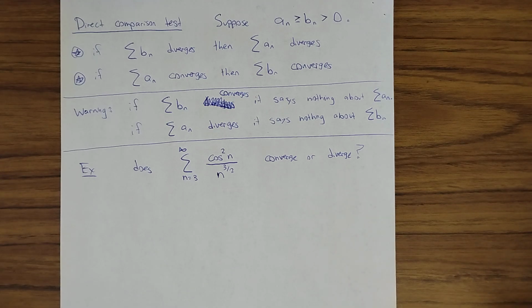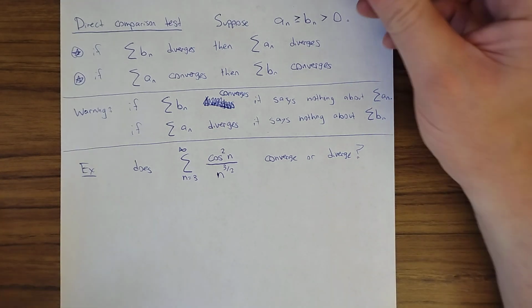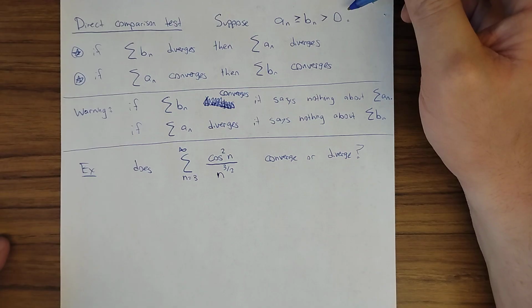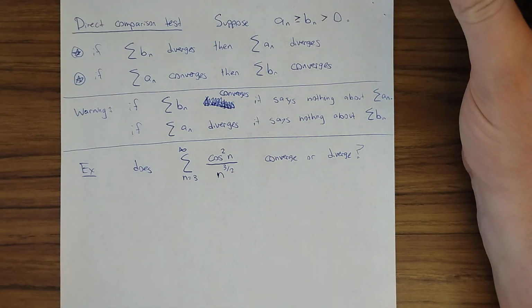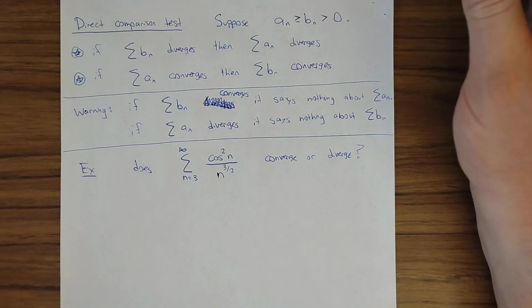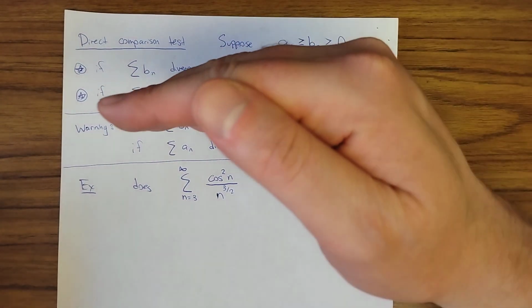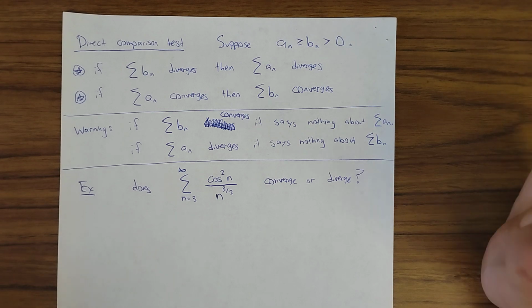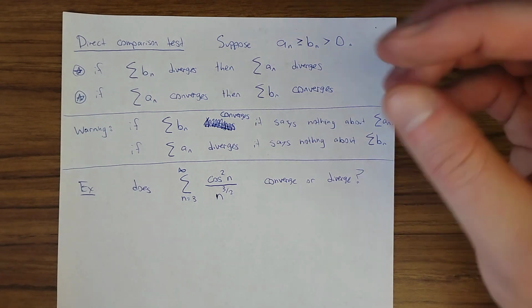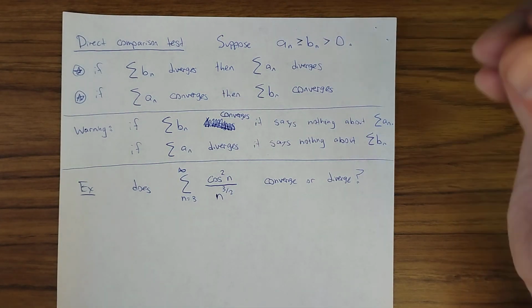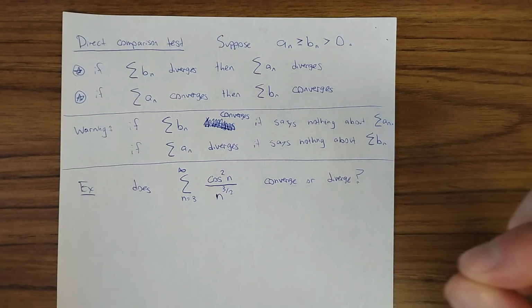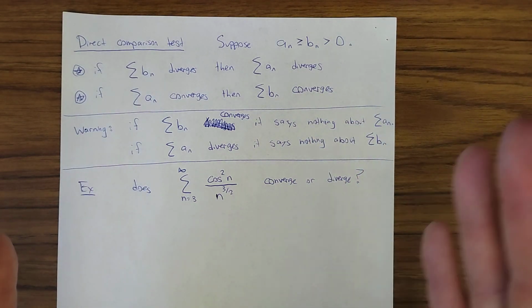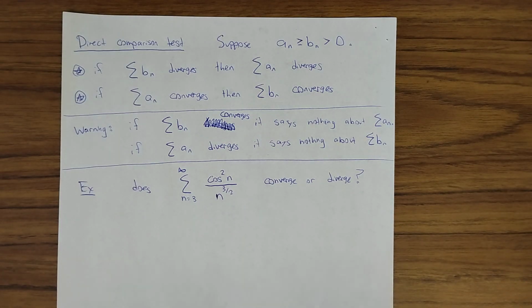The way I think of this is when we're talking about series with positive terms, what it means to diverge is that basically you're adding positive numbers and you're going forever, and diverge basically means that it gets too big. As we keep adding these positive numbers, the sum gets larger and larger, and it goes to infinity.